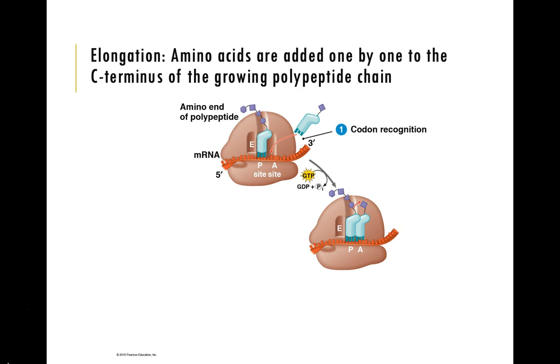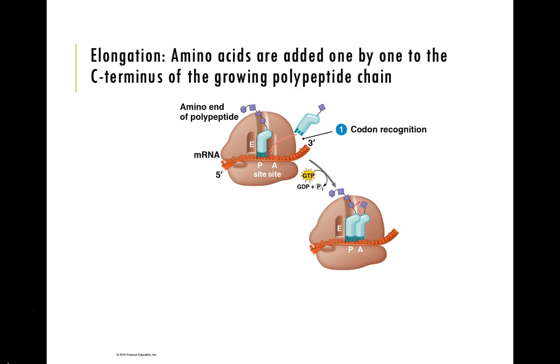In elongation, the transfer RNAs that are complementary to the next 3 amino acids are going to come in sequence. So that transfer RNA is going to come in and add the amino acid to the growing chain.